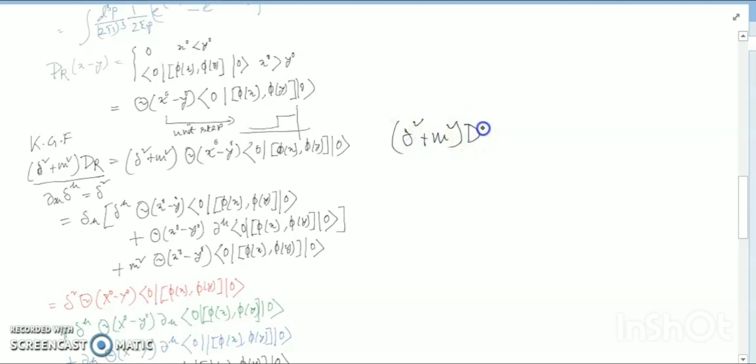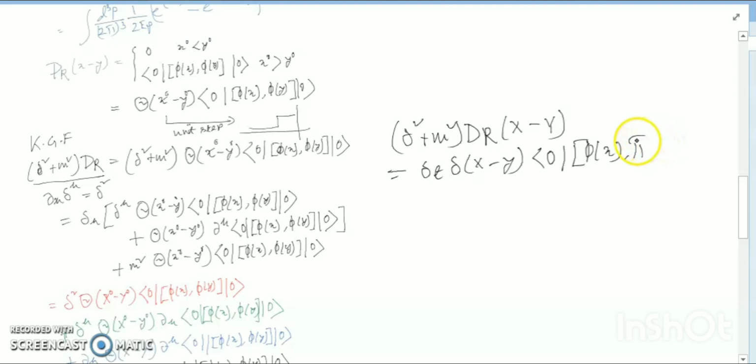This total of four terms can be written as del t into del (x minus y), and we get another 0 from these portions. So we get 0 into phi x into capital phi. So this value is 0. Another term, the remaining term, is minus 2 del to the power 4 (x minus y) into i.